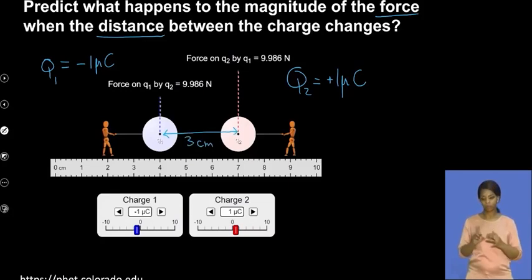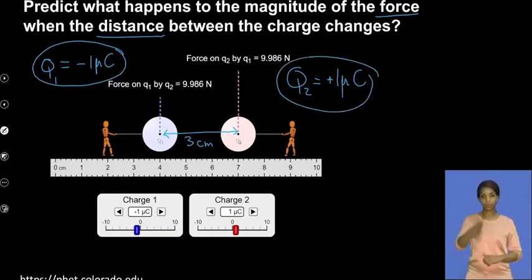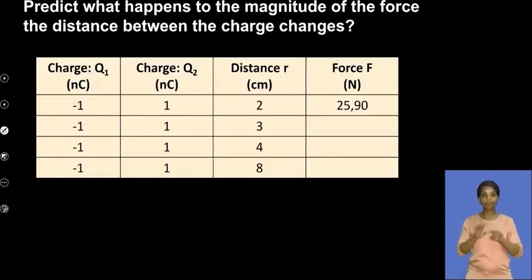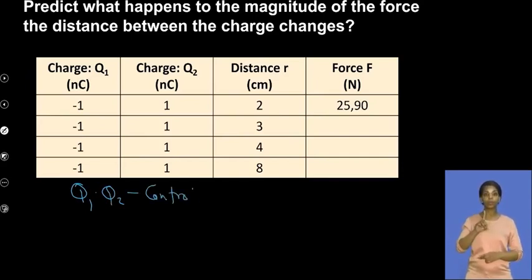So we'll change the distance while keeping these two the same, and we want to see how it affects the magnitude of the electrostatic force, right? Now, in the table of results, you can see that the distance is what is changing while both charges remain constant. So the product Q1Q2 is controlled, okay? Why are we saying that?